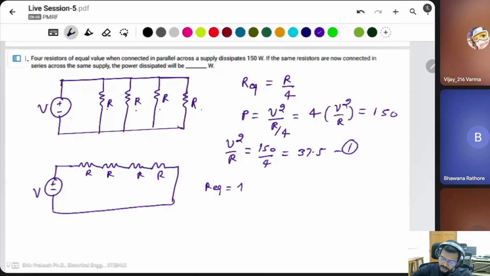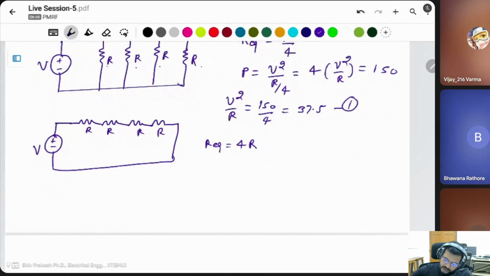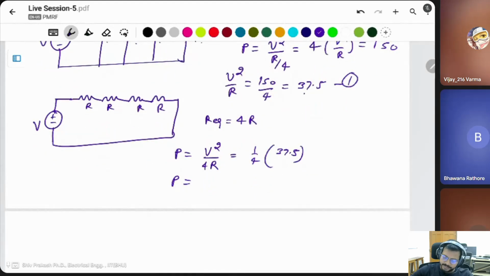R equivalent is equal to 4R. Then power in this case is V square divided by 4R. We know V square by R is 37.5. Then in this case the power dissipation is equal to 37.5 divided by 4, which is 9.375 watt.